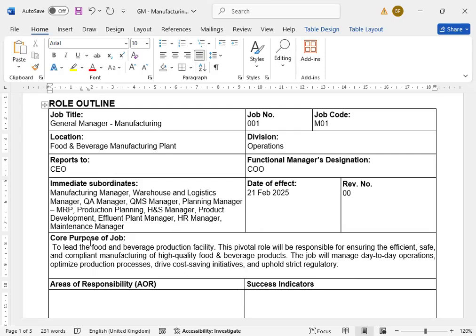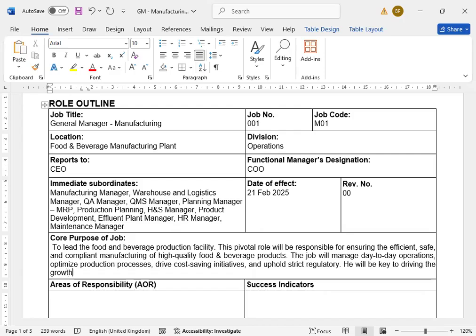So he will be key to driving the growth and the CI, or continuous improvement, of the manufacturing operations.